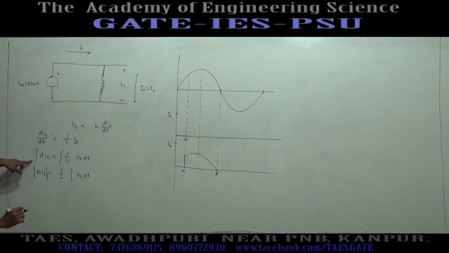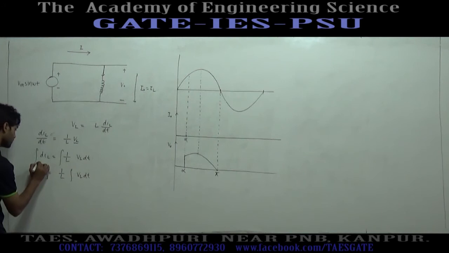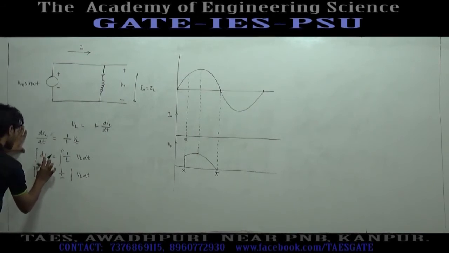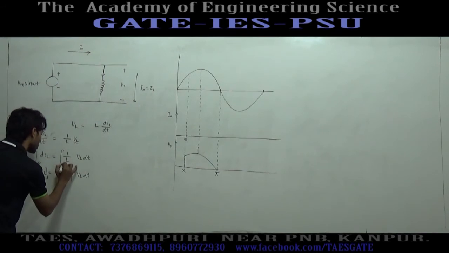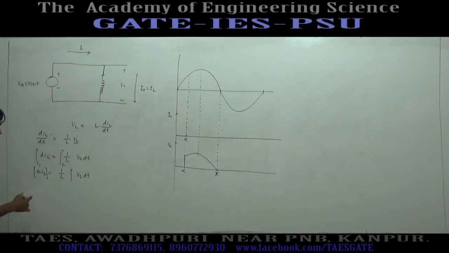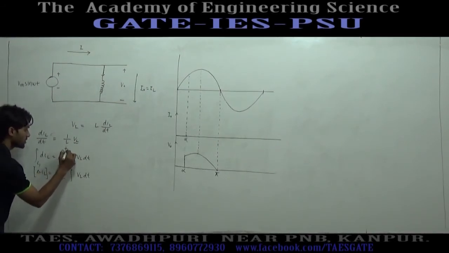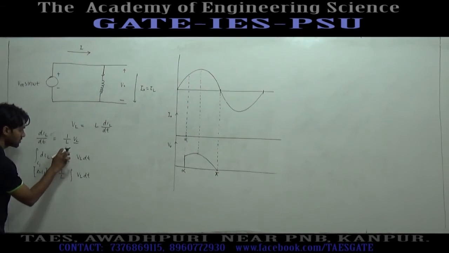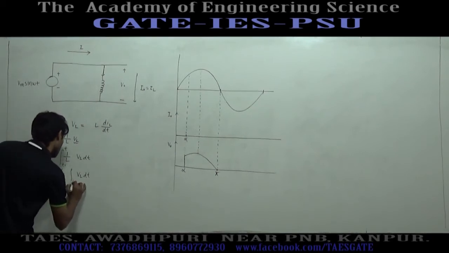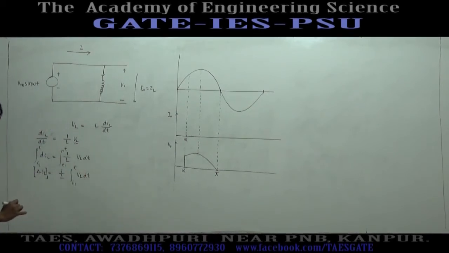Suppose the initial inductor current is I1 at any time t1, and at any time t the inductor current is I. Hence, here we will write I minus I1 as the change in inductor current, equal to 1 by L integration from t1 to t of VL dt.